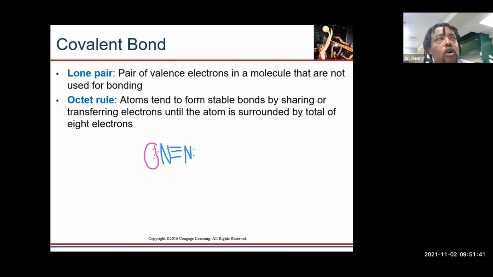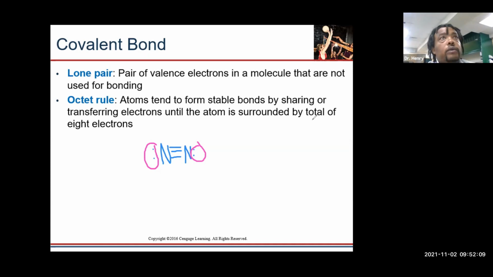So these electrons are called lone pairs. These are pairs of valence electrons not used for bonding. And again, we want to obey the octet rule, meaning that we want to have 8 electrons surrounding each of the atoms. So that's 2, 4, 6, 8 surrounding this guy, 2, 4, 6, 8 surrounding that guy.